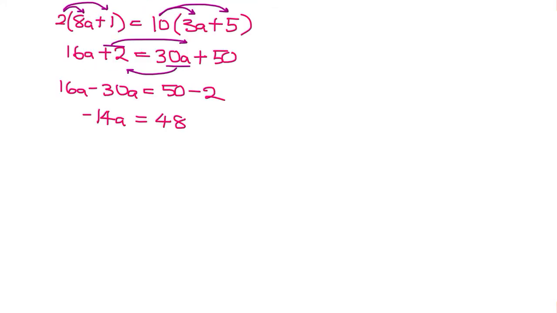So our a here is going to be divided by minus 14, and on the right side 48 will be divided by minus 14, and what we're left with is this cancels that, that cancels that, that gives us 1, and our a is equal to negative 24 over 7, because this here is divided by 2, which gives us 24, and this here divided by 2 gives us 7.